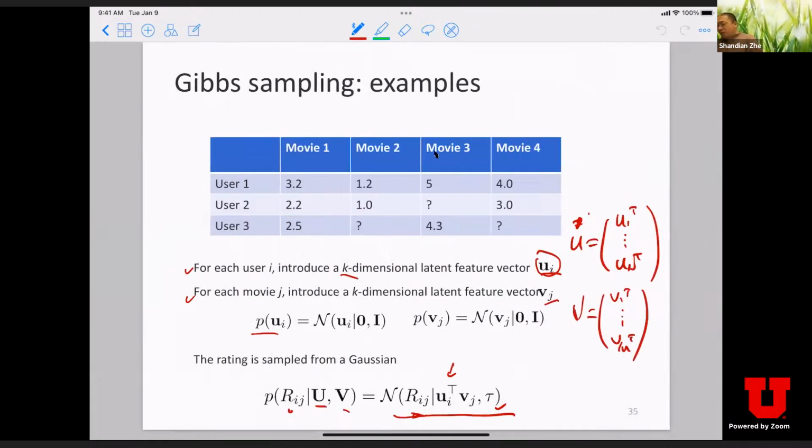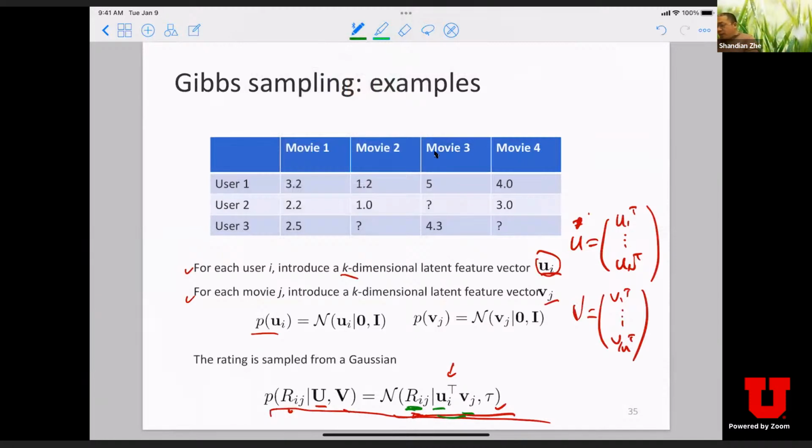The key of matrix factorization is that, in the likelihood, we're assuming your rating for a particular movie by a particular user is a Gaussian likelihood where the mean is the dot product, or inner product, between the representation of the user and the representation of the movie.